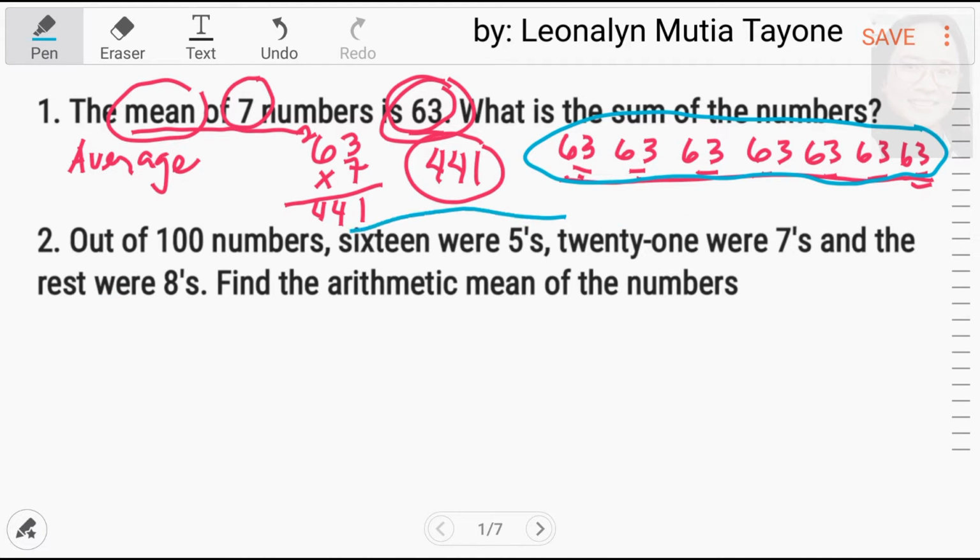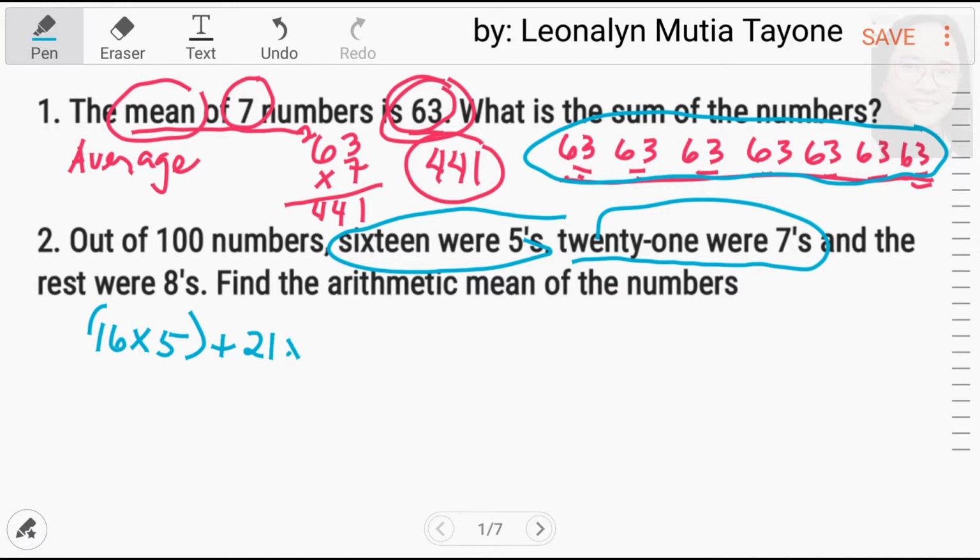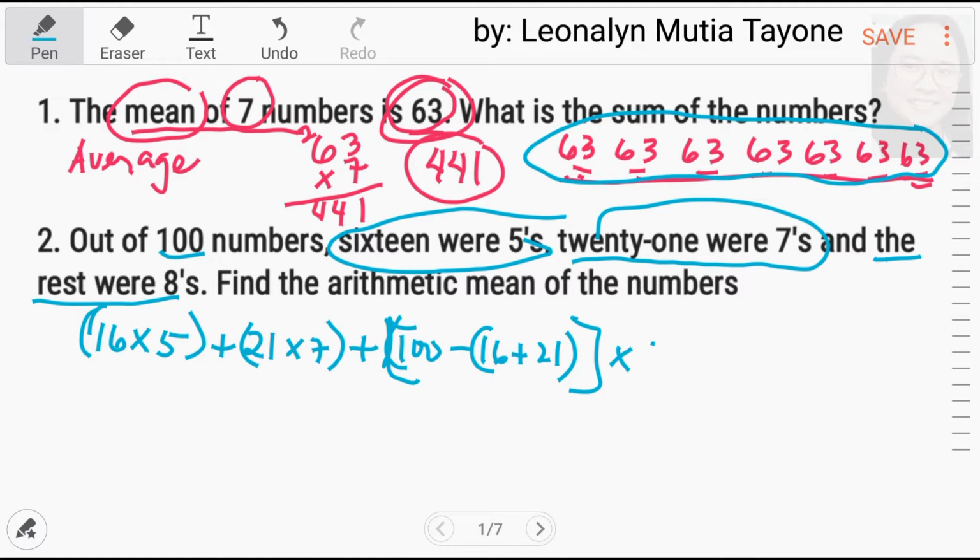So for number 2, there are 100 numbers. First, 16 were 5, so 16 times 5, plus 21 were 7, so 21 times 7. Next, the rest were 8. There are 100 numbers, so 100 minus 16 plus 21, and we multiply that by 8, because the rest were 8.